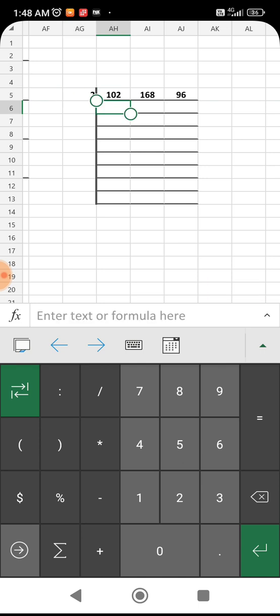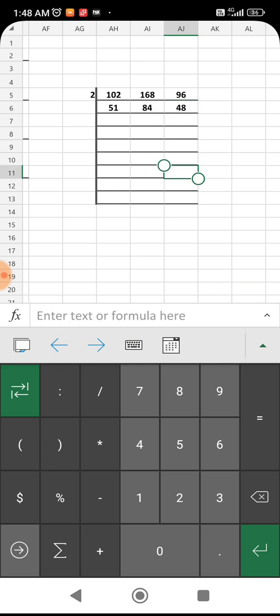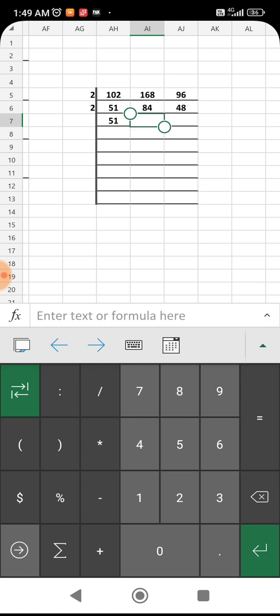It will be 51, 84, 48. Okay, so what will we take next? We can take 2 once again. 51, this is 42, this is 24.